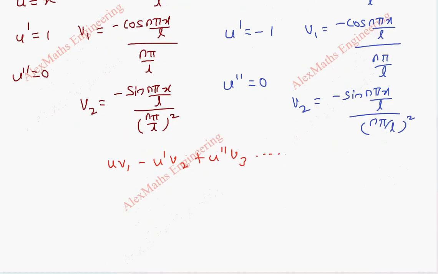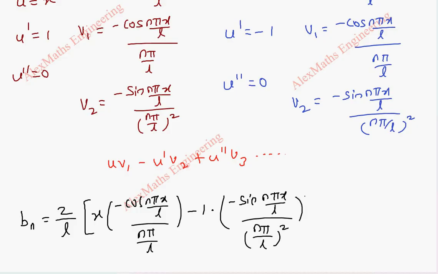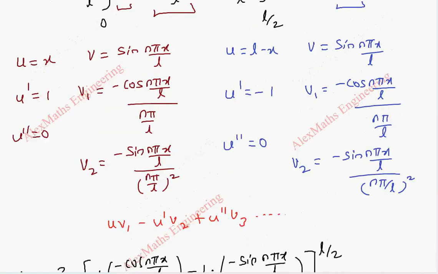So we come to the first term, Bn equal to 2 by L u, which is x, and v1 is minus cos n pi x by L by n pi by L, and we have minus u dash, which is minus 1 into v2, which is minus sin n pi x by L by n pi by L whole square. And we have our limit from 0 to L by 2 for the first part.